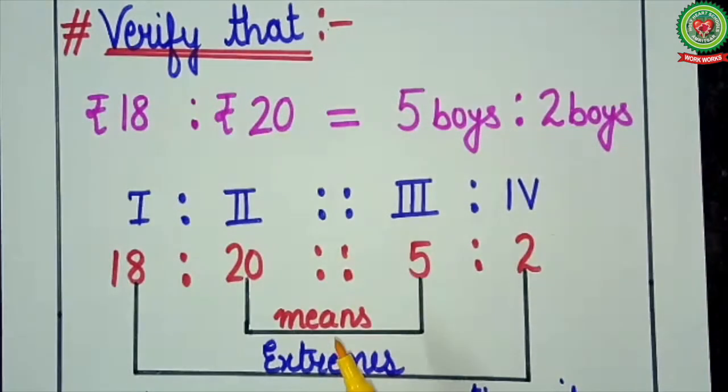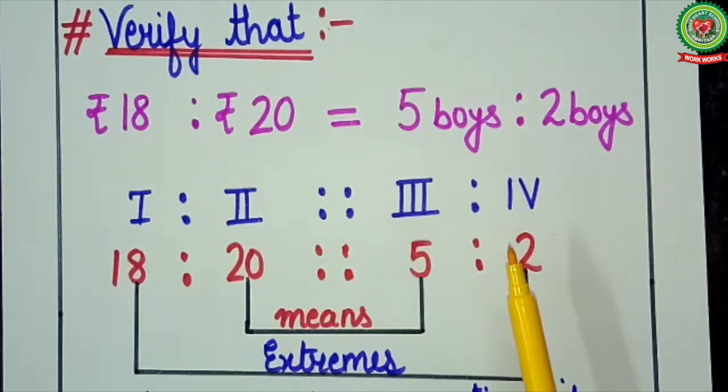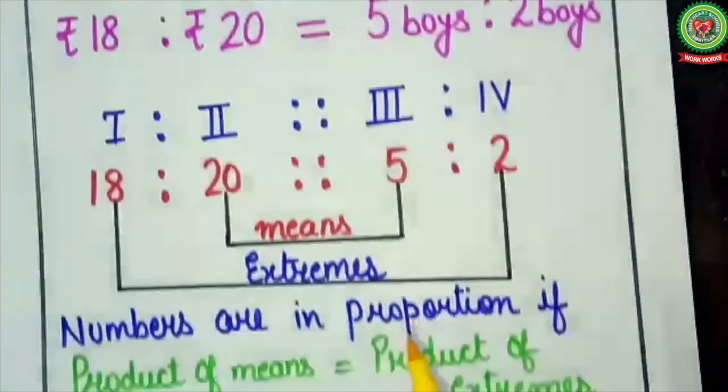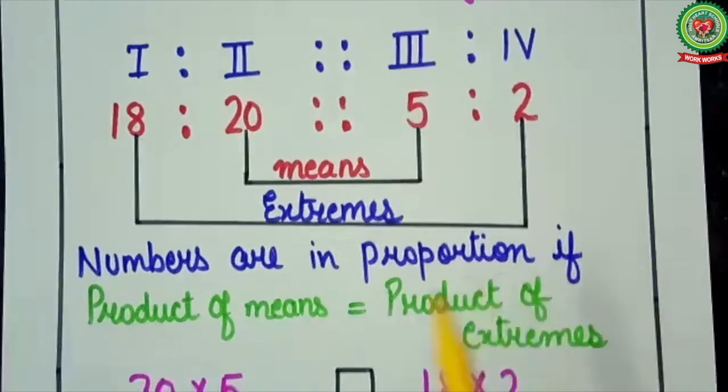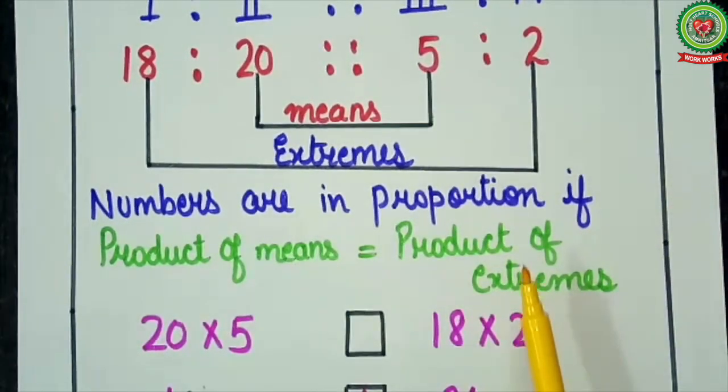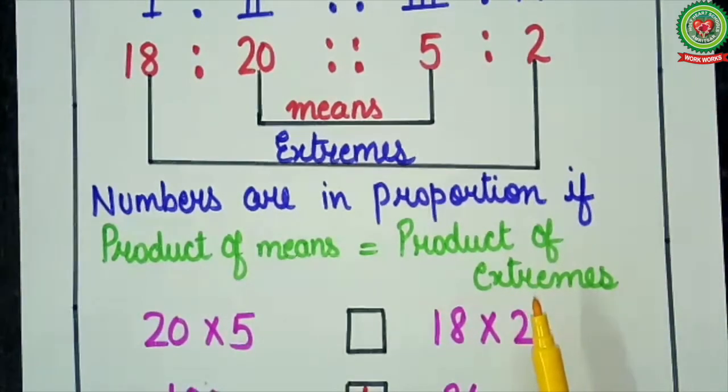And what are extremes here? 18 and 2. Now apply the result over here. Numbers are in proportion if product of means equals product of extremes. Here means are 20 multiplied by 5 and extremes are 18 multiplied by 2. Now put a box in between both sides.